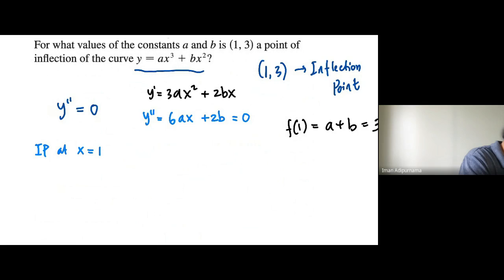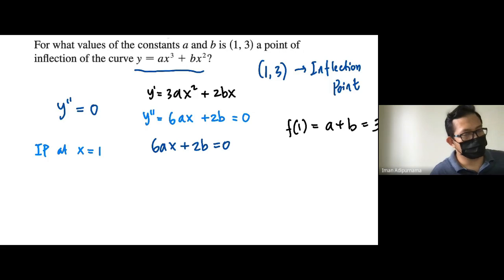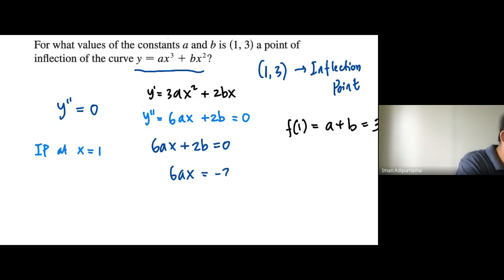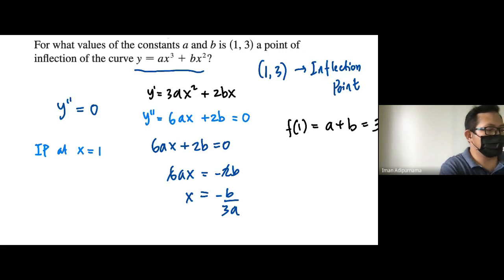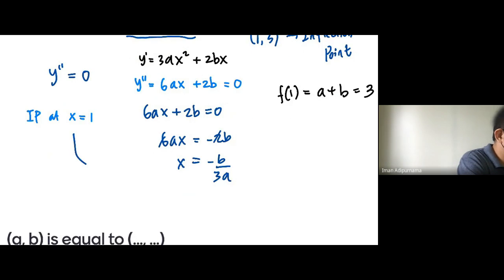So 6ax plus 2b is 0. Then with 6ax, we solve this first, and then we make x equal to 1.